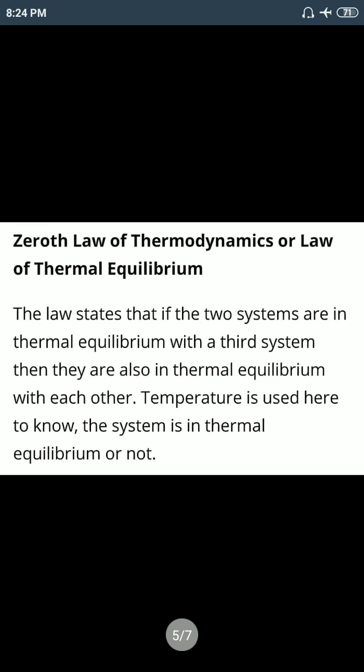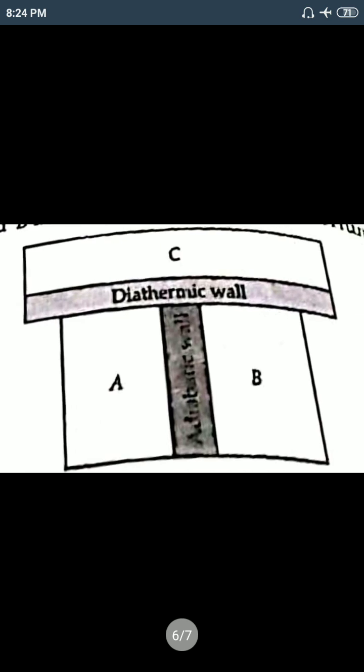So the zeroth law states that if two systems are in thermal equilibrium with a third, that means if A and C and B and C are in thermal equilibrium, then A and B are also in thermal equilibrium.